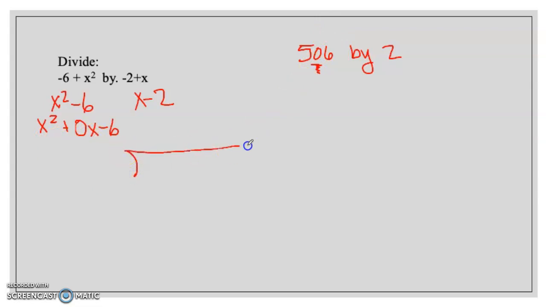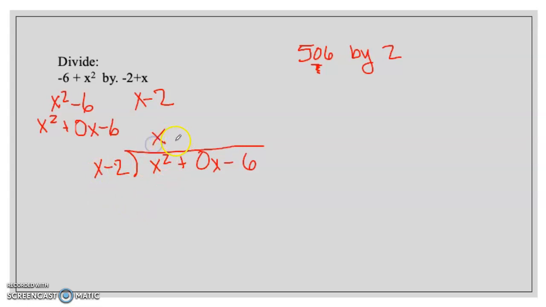Now we're writing this large term, x squared plus 0x minus 6, under the division bridge. My divisor is out to the left. And I think to myself, how many times does x go into x squared?